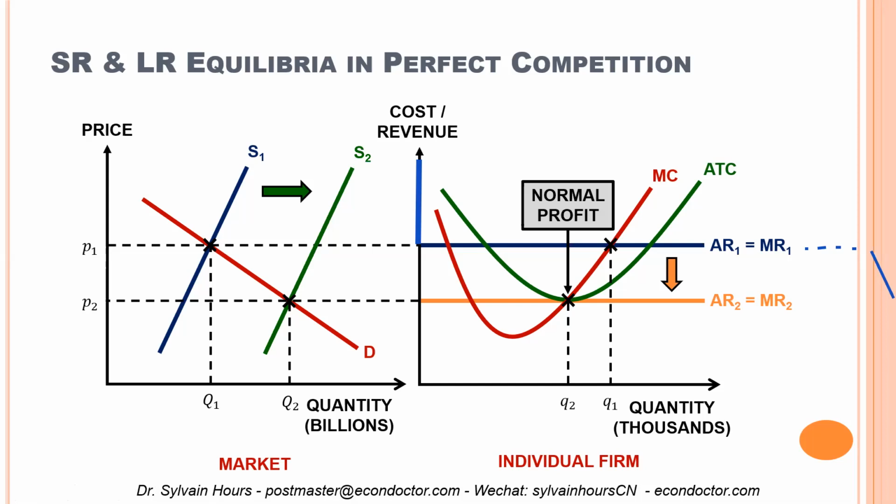Something interesting that you can ask your students is to say, hey, look, there is something weird. You see, in the market, when supply increases, the total output increases from Q1 to Q2. But if we look at this individual firm, you see that it produces less.